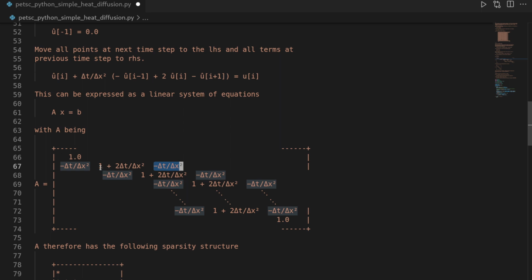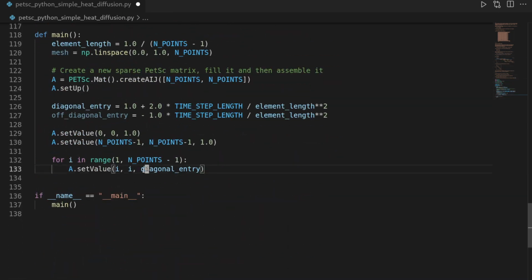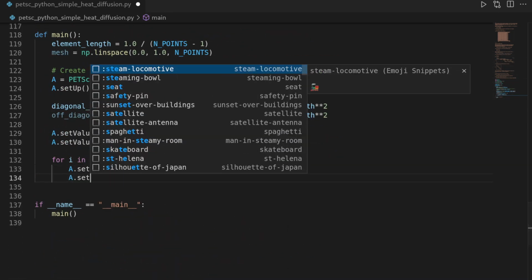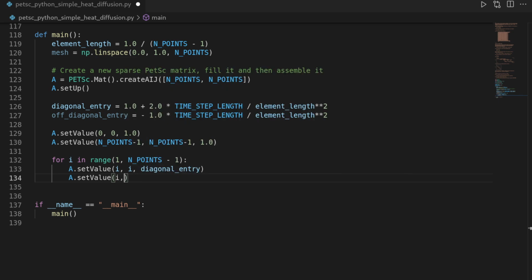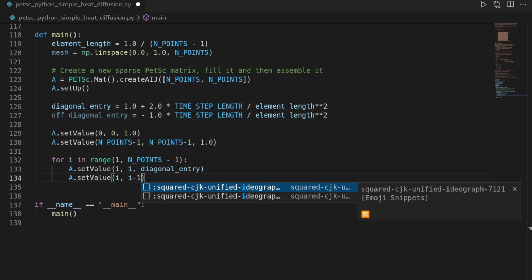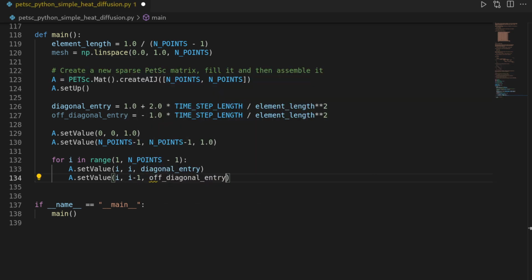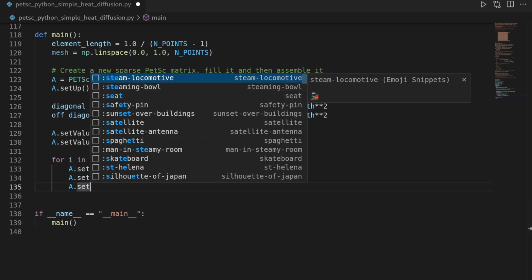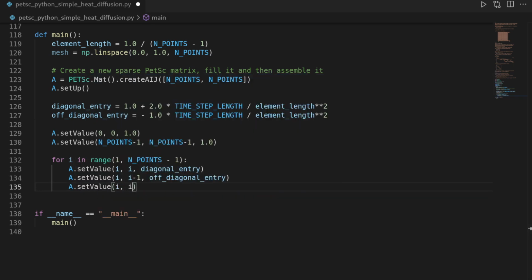So it is in the same row, but is offset one to the left and one to the right in the columns. So let's do that and say A.setValue at i and i-1 is going to be the off-diagonal entry, and A.setValue at i and i+1 is also going to be the off-diagonal entry.